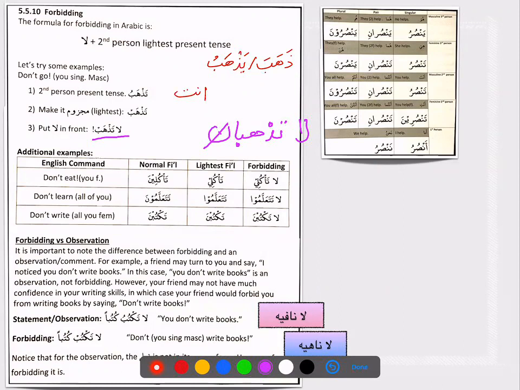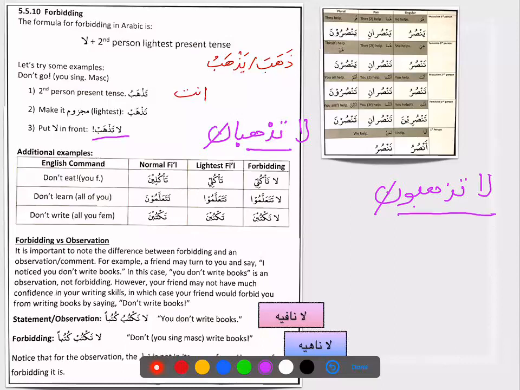Then antum is tazhabuna. Again, we need to make it the lightest form, majzoom. We drop this noon and add la: la tazhabu. So antuma la tazhaba, and antum will be la tazhabu.